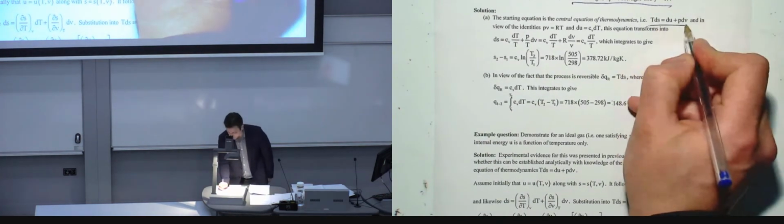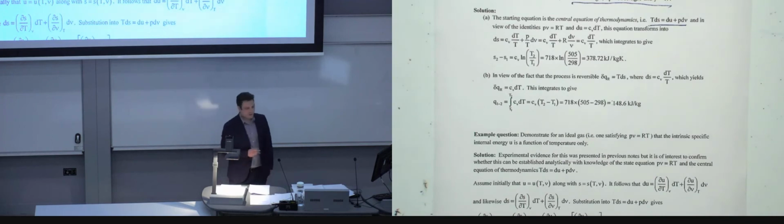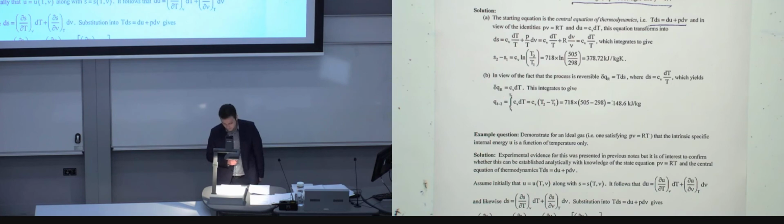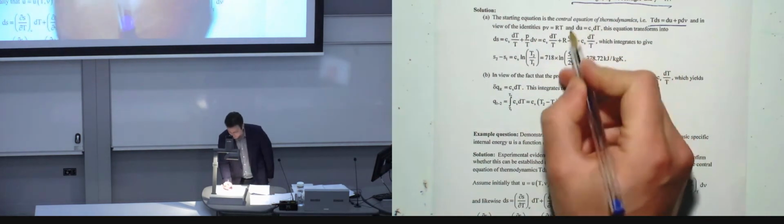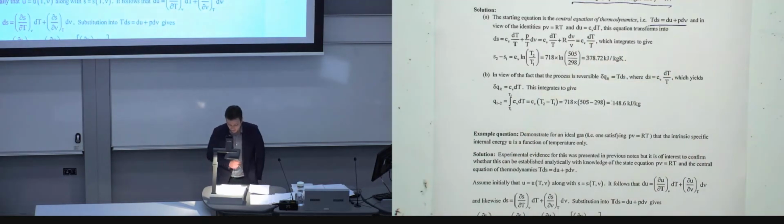So the starting point would be TdS equals dU plus pdV. Now you've got the equation of state, you've got the relationship for Cv, and then exactly the same approach that we took on the previous pages, you get an equation here.